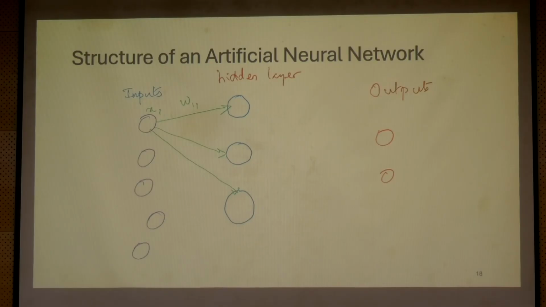So w11, w12, w13 like that. And then the second input will also have weights associated with each neuron. So this will be w21, w22, w23. All these weights are scalars, merely numbers, nothing else. Likewise, you will have all the 5 input points connected to all the 3 neurons in the hidden layer.